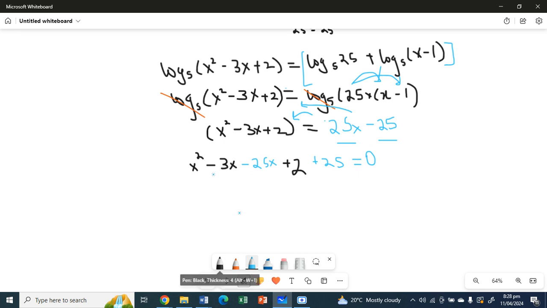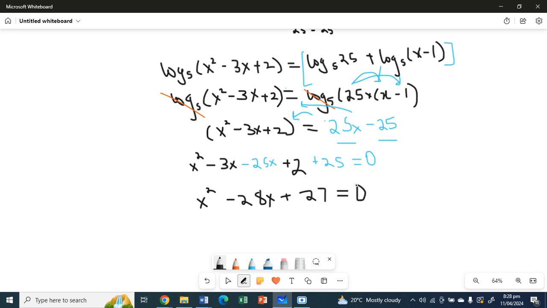Then we can simplify. So you say x squared. You say negative 3x minus 25x, you get negative 28x. 2 plus 25, you get 27. Equals 0.